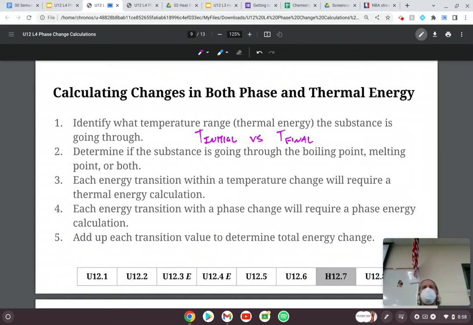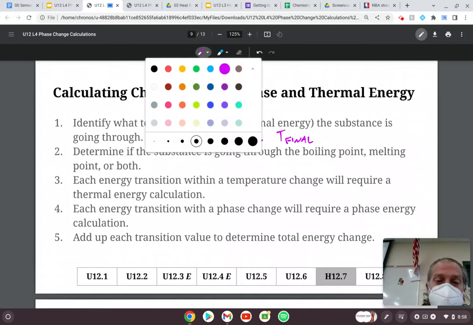Then we have to decide if the substance is going through a boiling point or a melting point or both. So is it freezing? Is it condensing? Is it melting? Is it vaporizing?